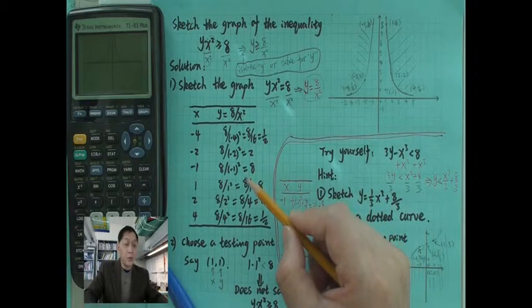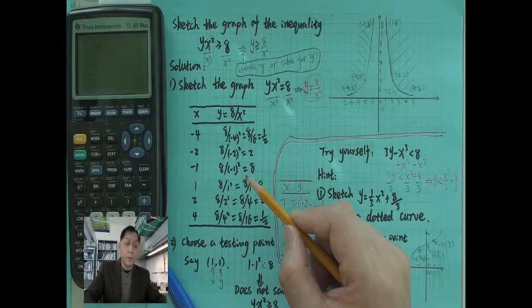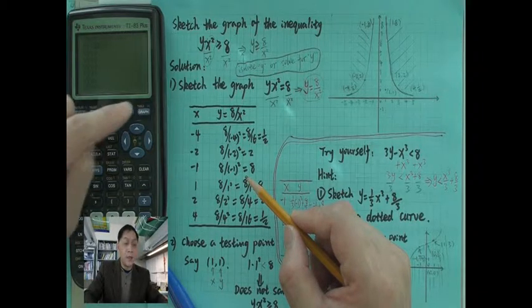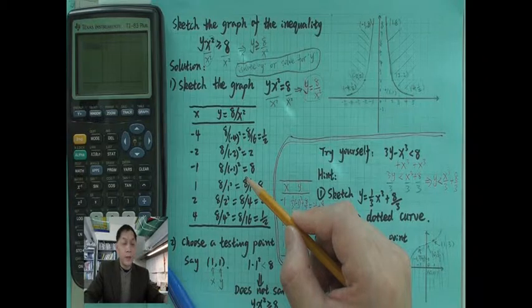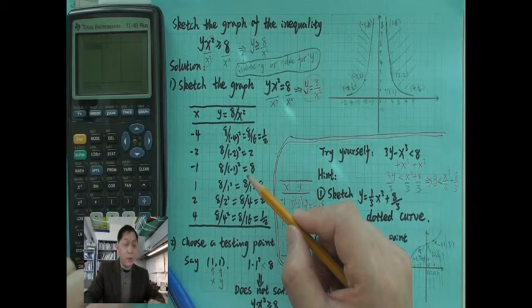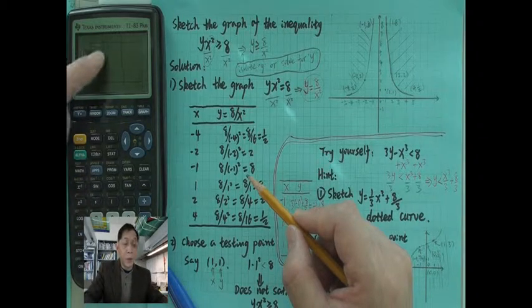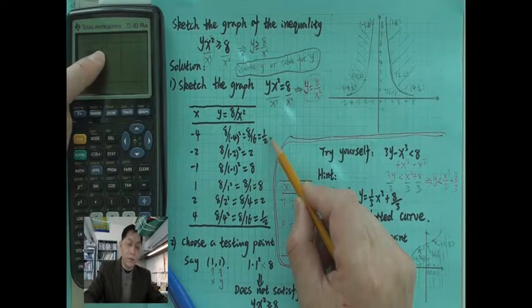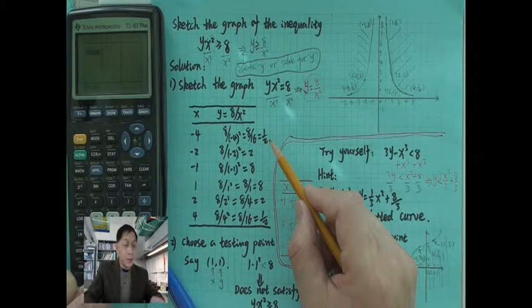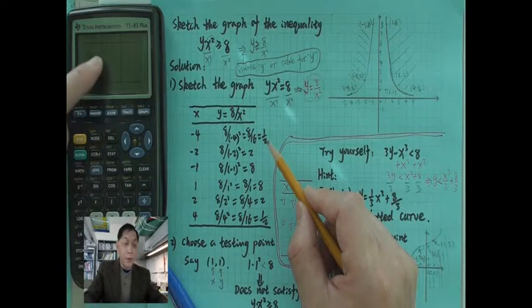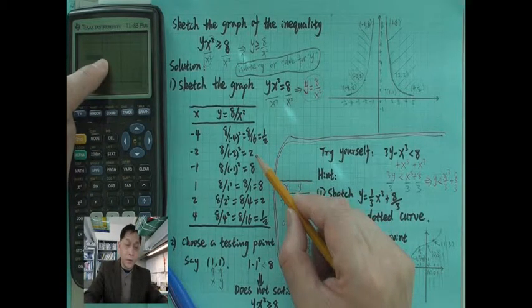You can also use your calculator after you input your equation here. If you go to second table and input -4 and hit enter, your y1 is 0.5, which is 1/2. Input -2, hit enter, your y1 is 2.